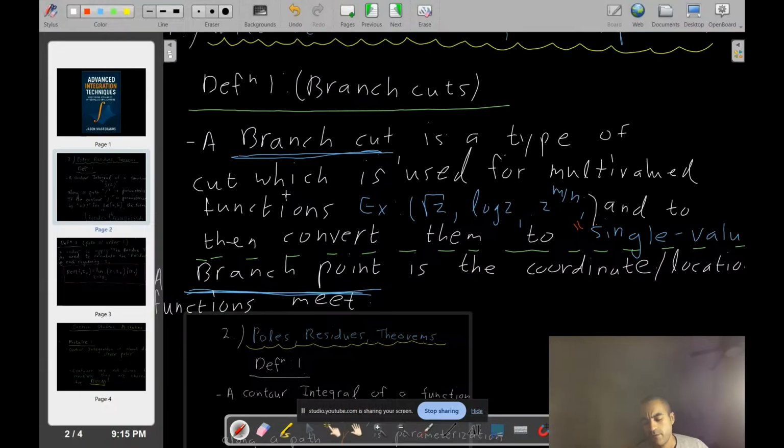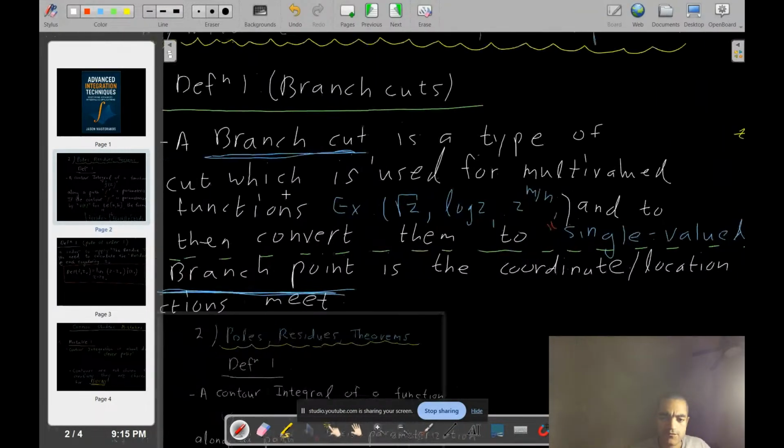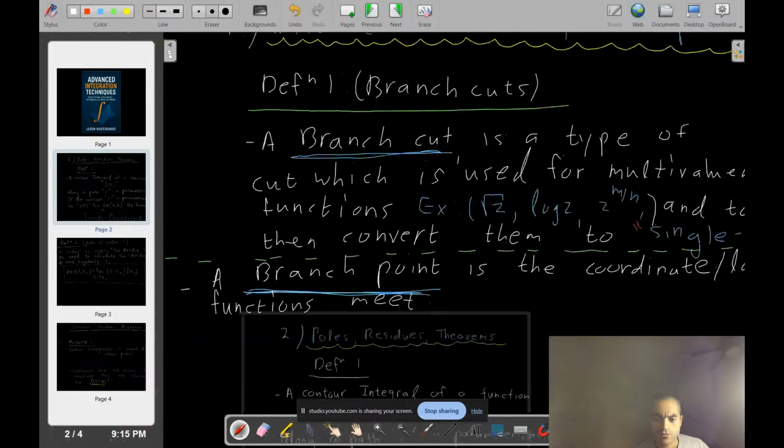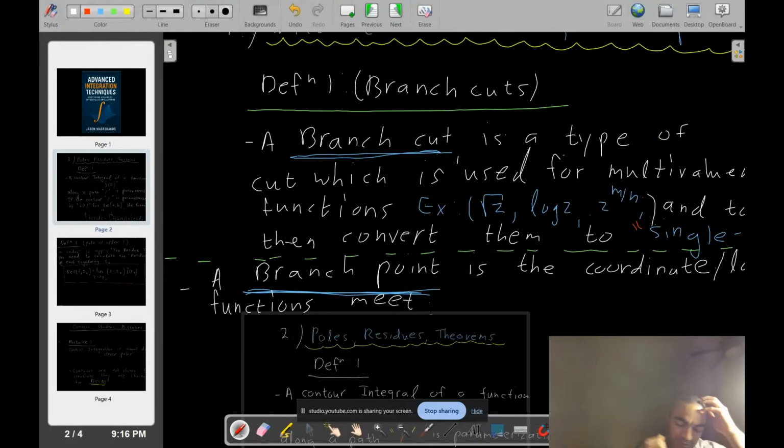Pretty much, as I said, it's where the functions' different branches come together. The branch point is just the coordinate or location where the functions meet. This means the same thing.